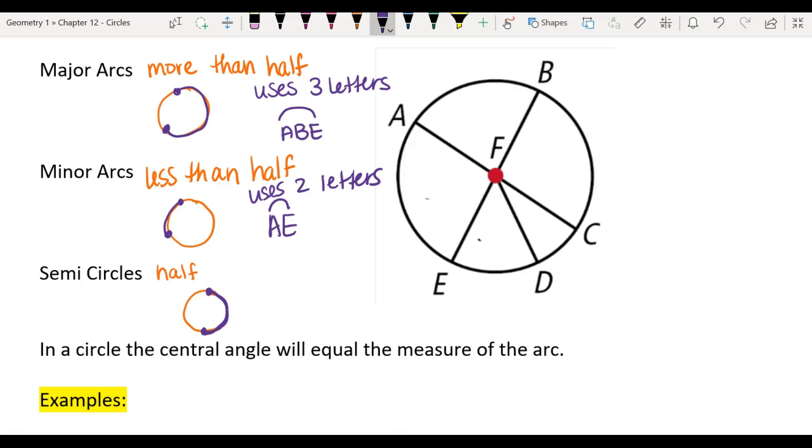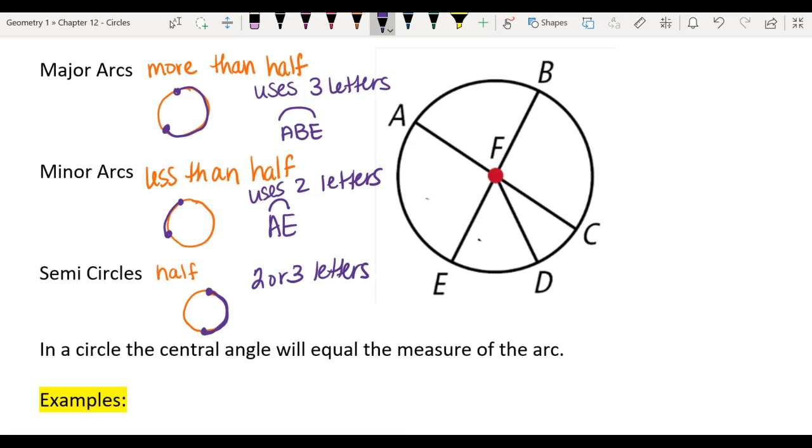It just depends which side of the circle they want you to go on. Some don't care which side you go on, some do. So you'll see semicircles labeled with 2 or 3 letters, depending on the specifics of the circle.